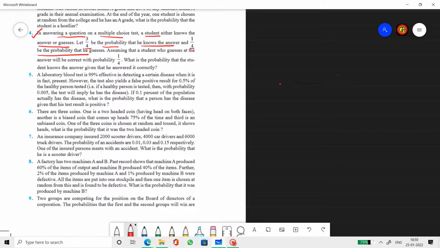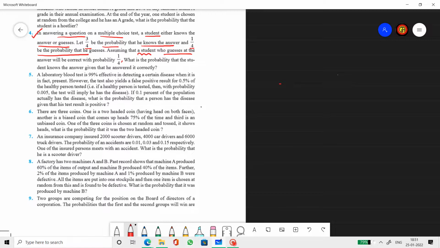You will be able to answer 3 out of 4 questions which have been asked, and you will guess 1 out of 4 questions. So probability of knowing the answer is 3 out of 4 and probability of guessing is 1 out of 4. Assuming that a student who guesses at the answer will be correct with the probability of 1 by 4. So guessing and getting it right is 1 by 4.